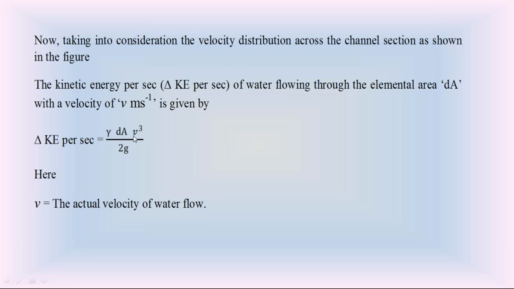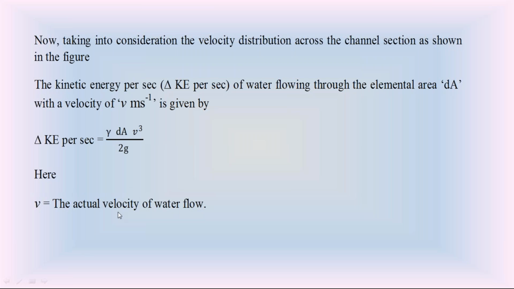Here this small v is the actual velocity. Since it is a thin water layer, in that layer we can consider the velocity as constant. So here this small v is constant velocity. Here we are using that constant velocity. So this kinetic energy is the actual kinetic energy of water flow in that thin layer.